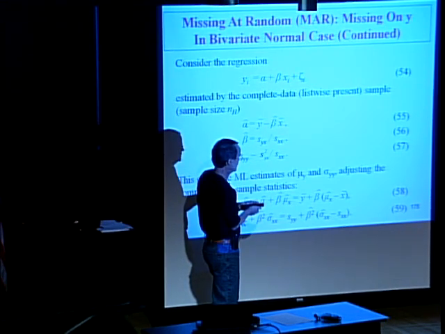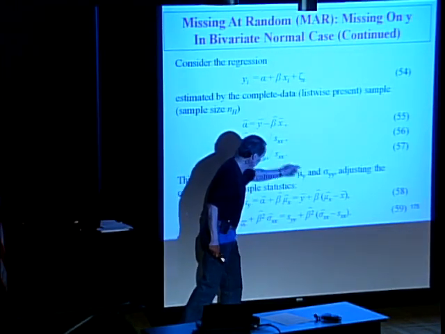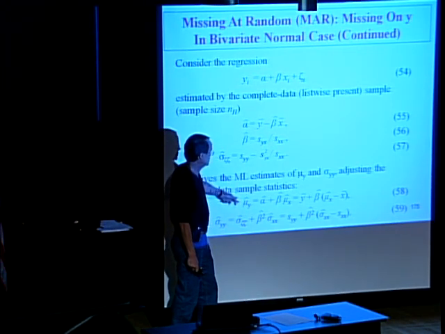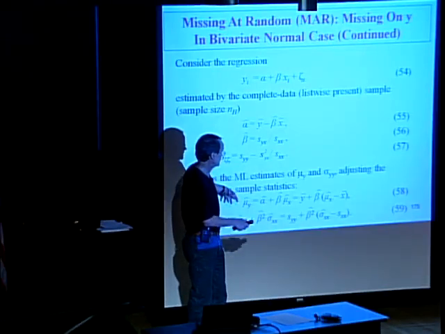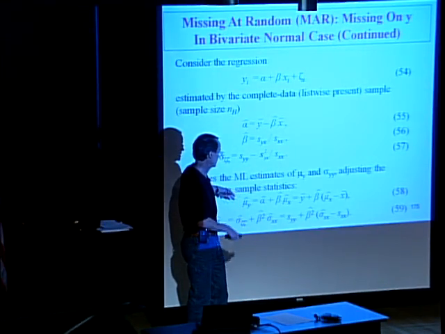Y bar is created from this part of the data box, right? The complete data people. This is what you would estimate the mean of Y if you use listwise. It would only be correct if you have MCAR.